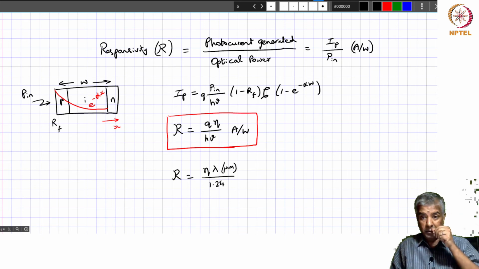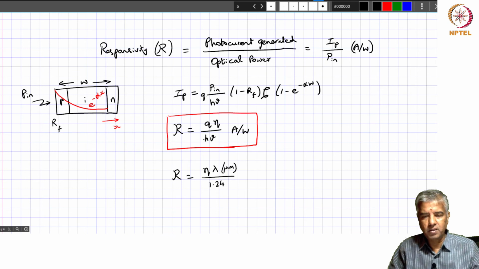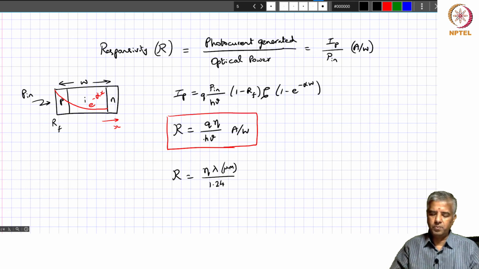If you just work out the math, you put in the value for Planck's constant, and the values for Q and c, you will come out with a round number of 1.24. Okay, so what does it tell you?